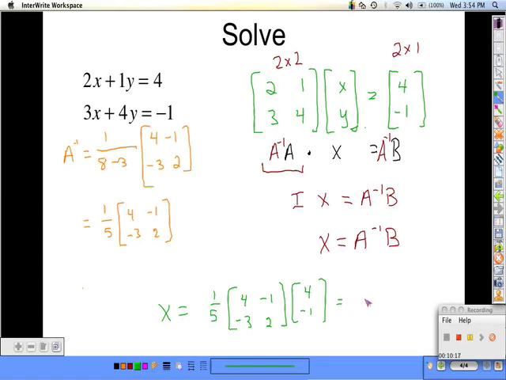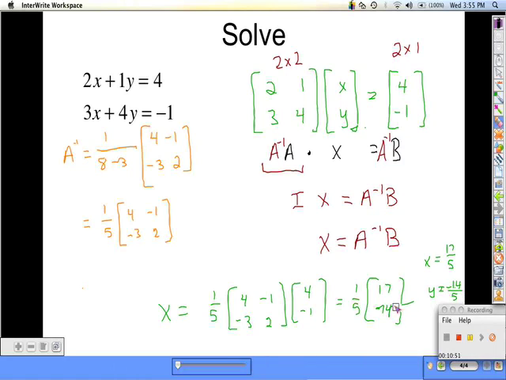And I'm going to do my matrix multiplication. 4 times 4 is 16, plus 1 is 17. Negative 3 times 4 minus 2 would be negative 14. So my solution is that x equals 17/5 and y equals negative 14/5 after I do the scalar multiplication by 1/5.